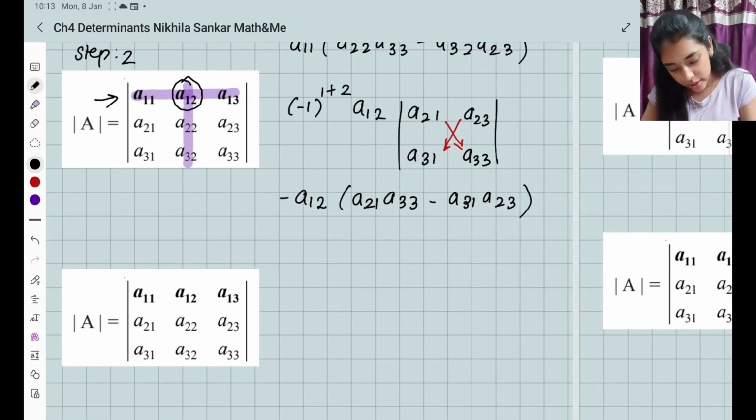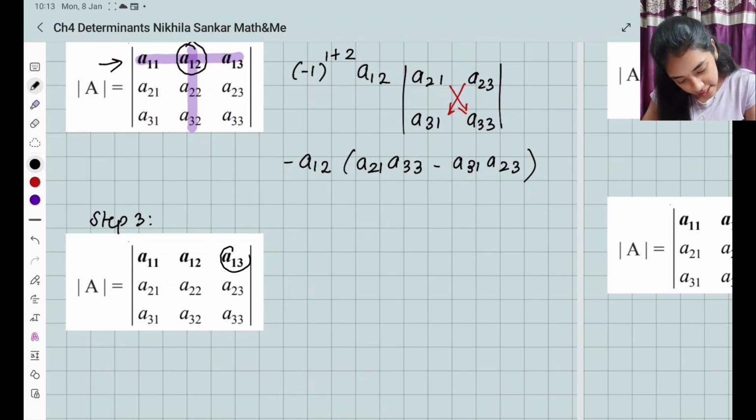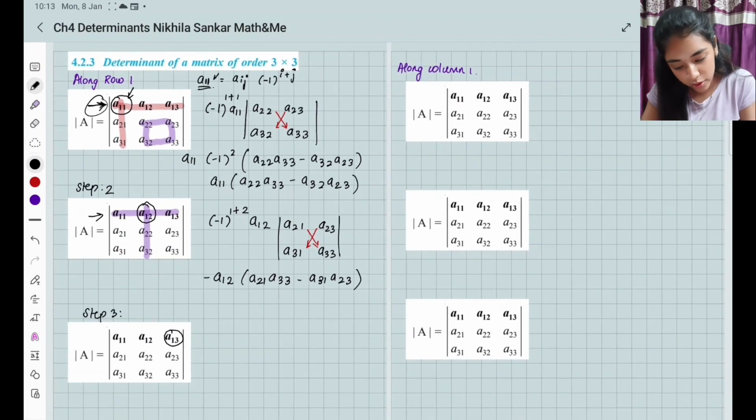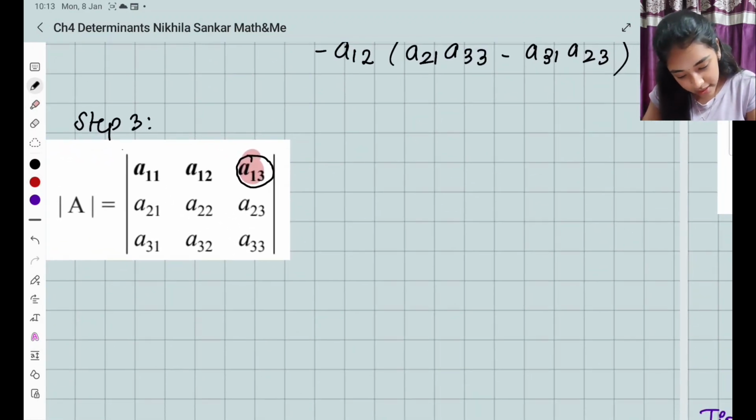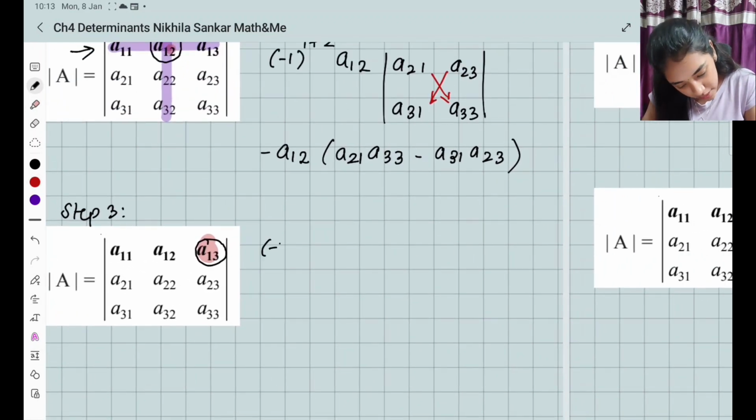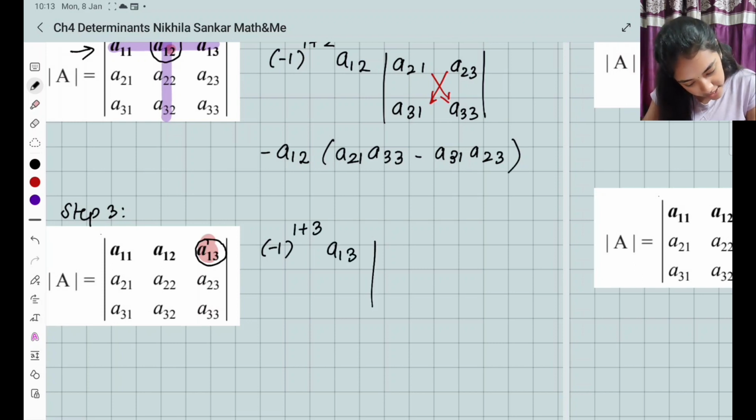Now step 3 is going to be: I'm going to take the last element in the first row. How are we doing this? We are doing it according to row 1. You see here, we are doing it according to row 1. So we took the first element, the second element, and now we are taking the third element. Okay, now what am I going to do? I'm going to write minus 1 to the power 1 plus 3 times a13, and the determinant is going to be, now the first row and the last column I'm going to omit.